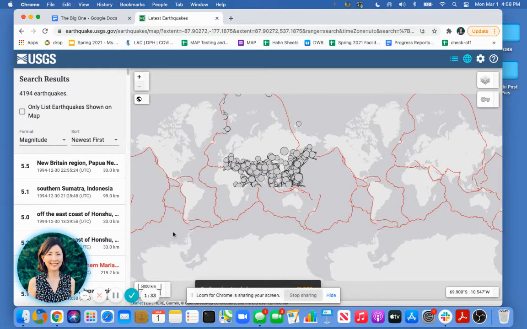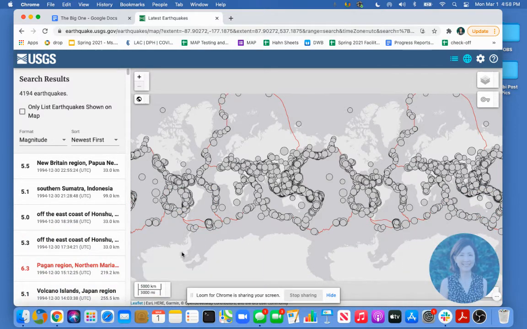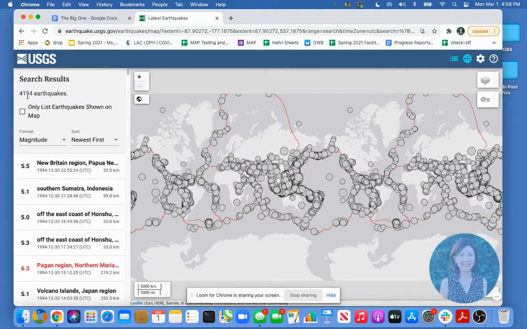Okay, so in the year 1994, around the world, with earthquakes that were, I forgot what our magnitude was, 4 point something and above, there were 4,194 earthquakes. And if you look at the map, it's quite fascinating because these earthquakes are not just evenly spread over the whole globe, but they tend to follow these lines or boundaries, which we'll be learning about later.